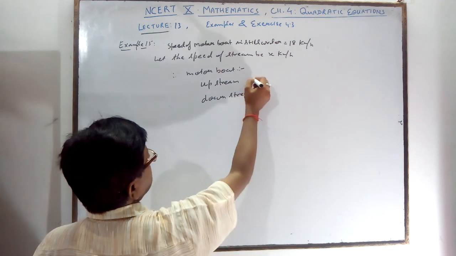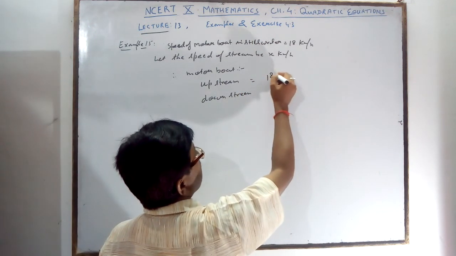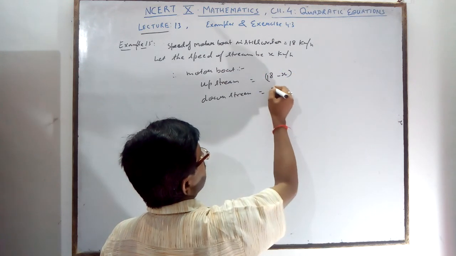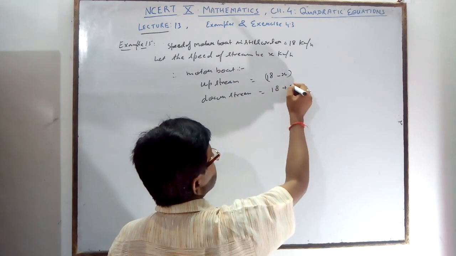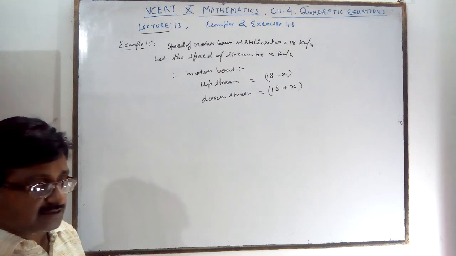Upstream the speed will be reduced, 18 minus x, and downstream the speed will be increased by the speed of the stream, 18 plus x. This is the up and down.